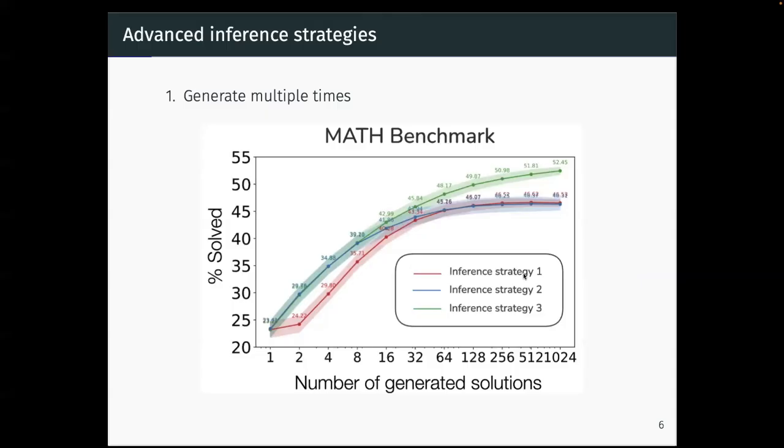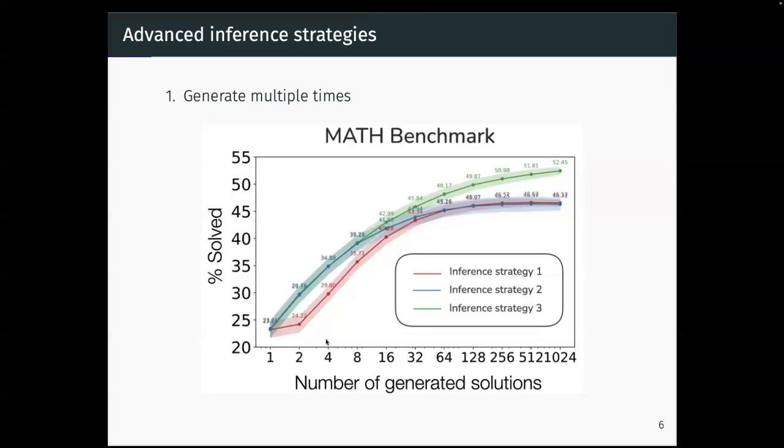And if you use strategies like this, where you're generating multiple solutions and then somehow picking one, you can see these performance curves that look like this. So this is showing on the x-axis how many generated solutions you have. And on the y-axis, you see the solve rate on, again, a math benchmark.